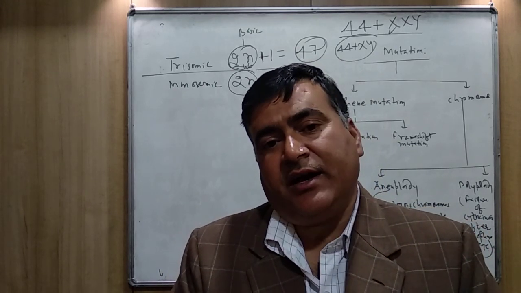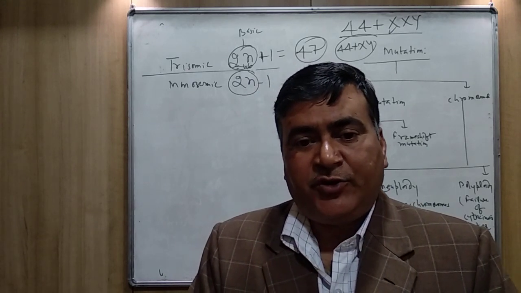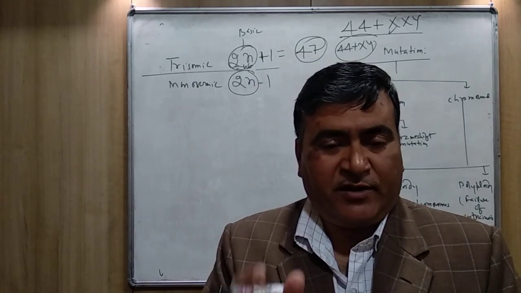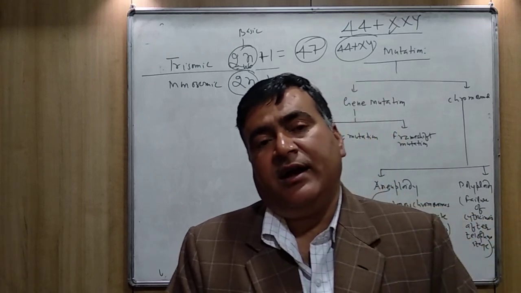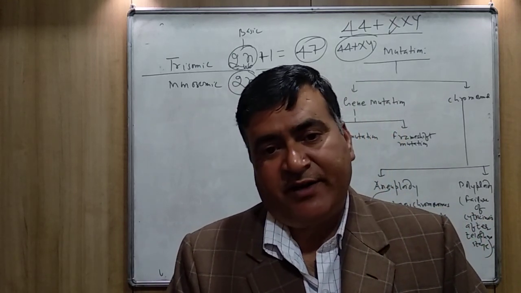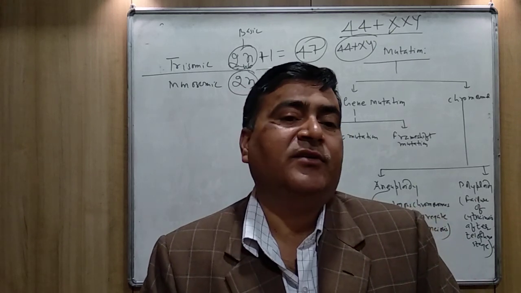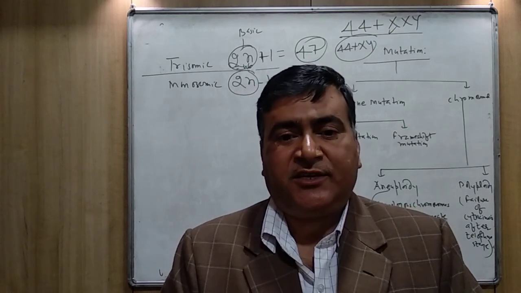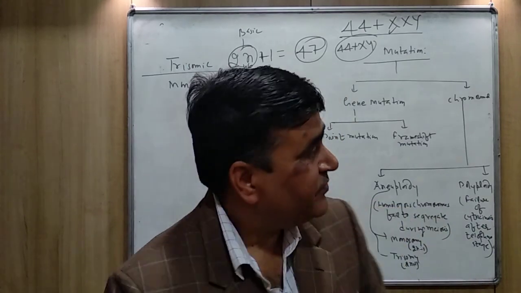And here I have given the example 2n plus 1. This is the formula of the trisomic condition. And the diseases related to it, which are included in your NCERT book, are Klinefelter and Down syndrome, later on.